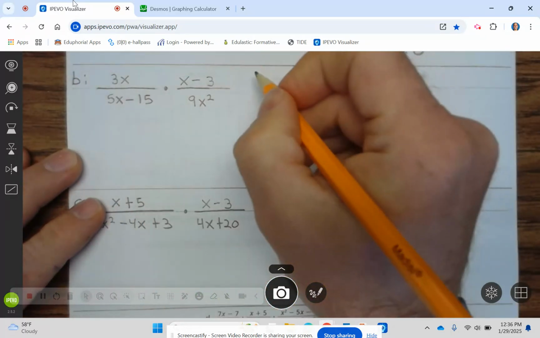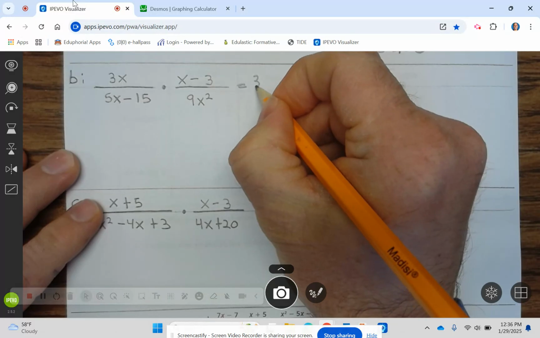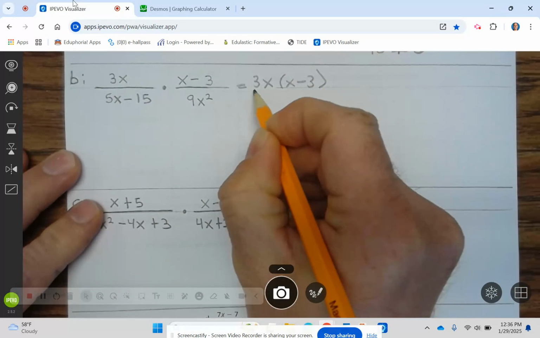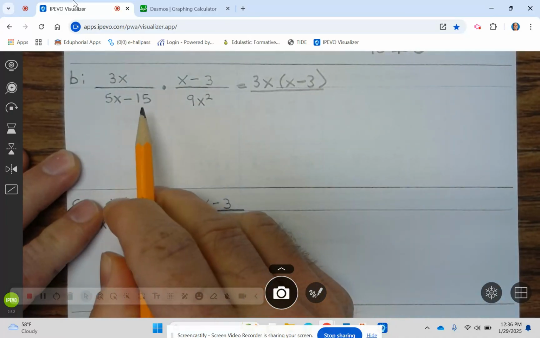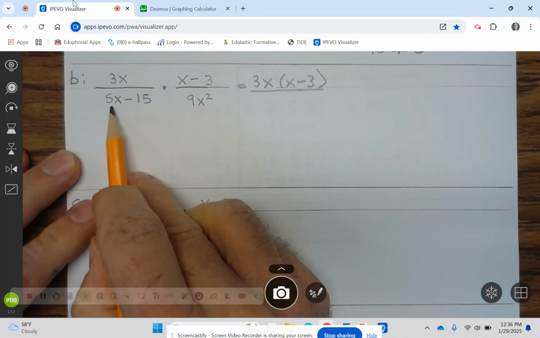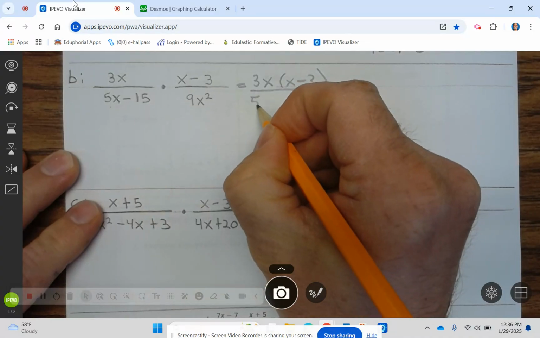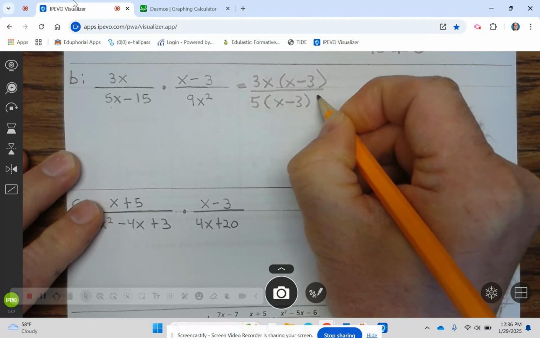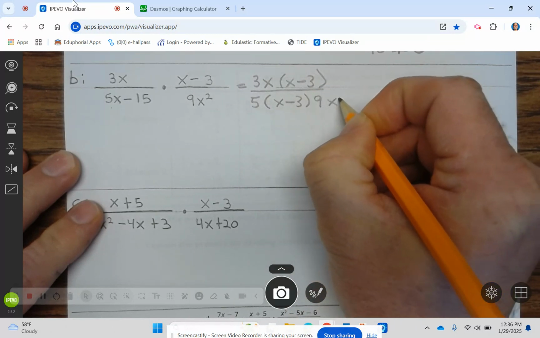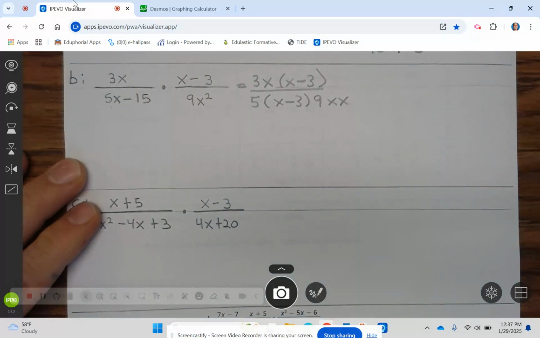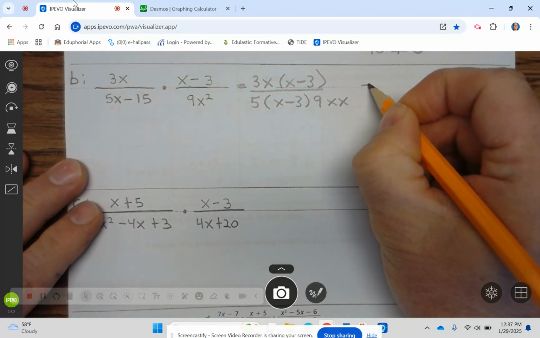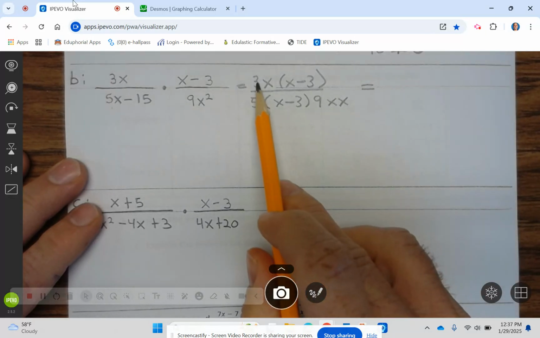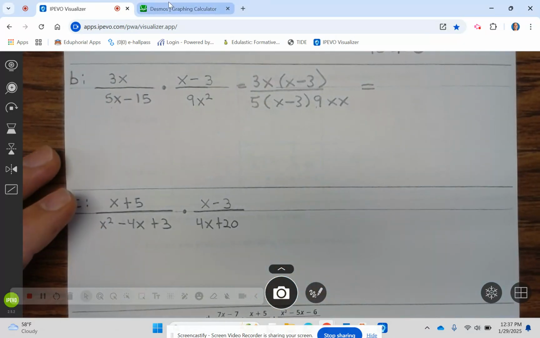Okay, so then we have 3x times x minus 3 divided by, let's go ahead and factor out a 5 from here, so that's 5 times x minus 3 times 9 times x. So let's go and find out what 3 divided by 5 times 9 is.